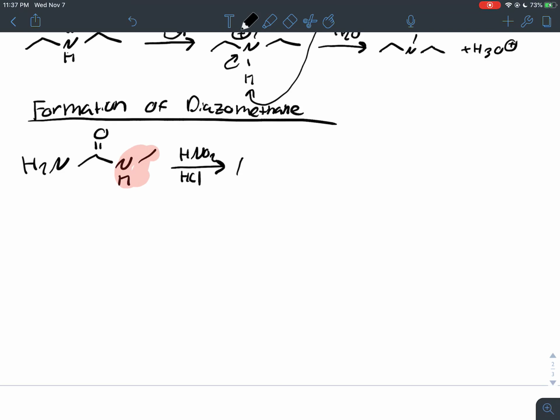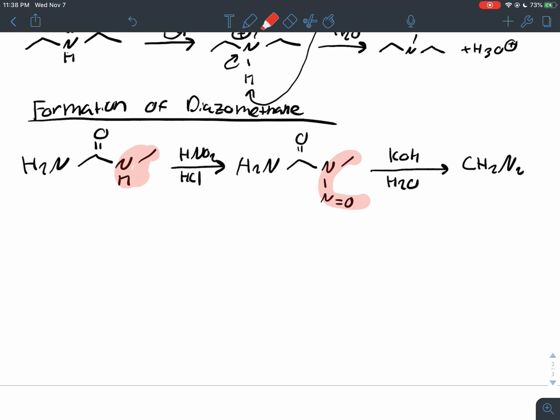And if it's more basic, it's going to react, and we form our nitrosamine. And if we use a base, KOH and H2O, we form diazomethane. This compound turns into this. Now, reactions of diazomethane.